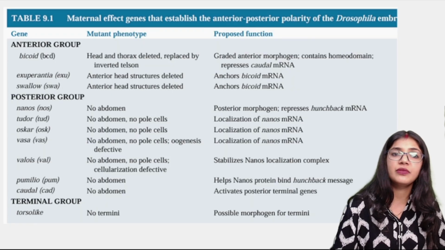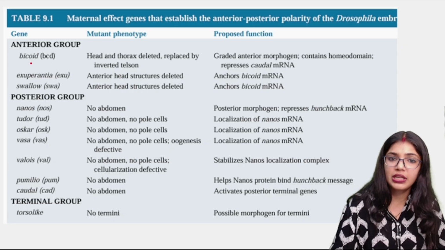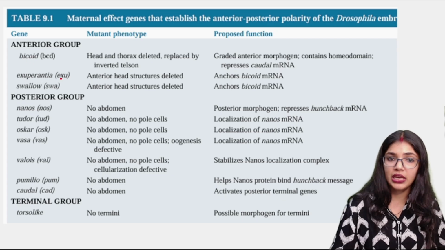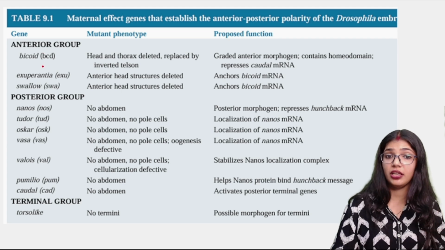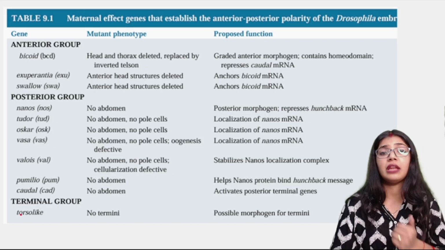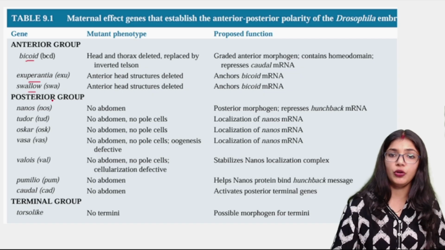Now let us see some of the genes of the anterior and posterior regions. Questions are asked from this portion, like what are the anterior proteins, what are the posterior proteins and what are the terminal group proteins. The bicoid, exuperantia and swallow proteins are the anterior proteins.